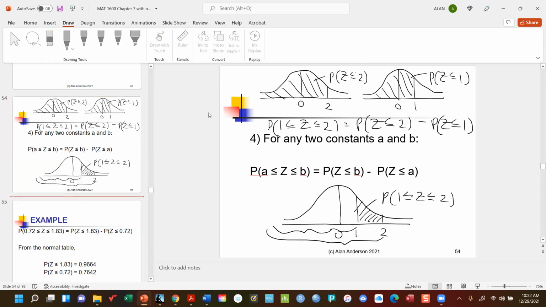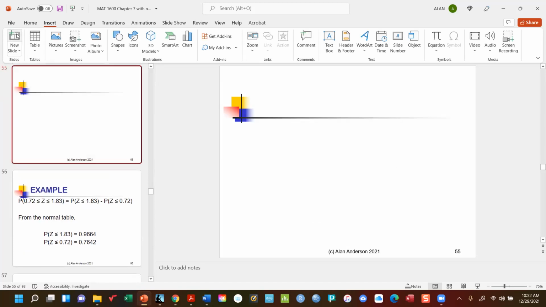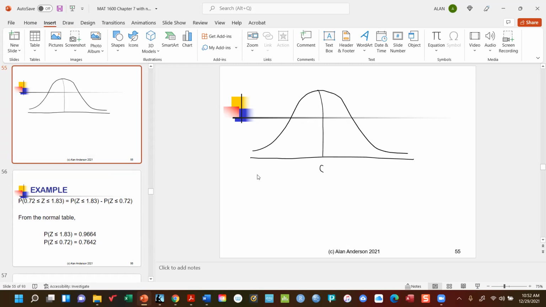All right, let me create a new graph here. For some reason, this one is very difficult to draw. Let's see what we can do here. Maybe I'll use different colors. Use black for less than or equal to 2.